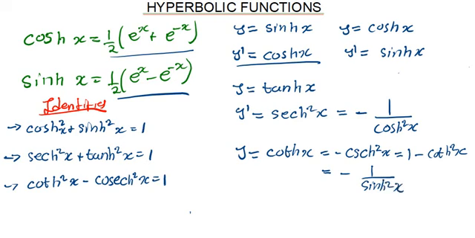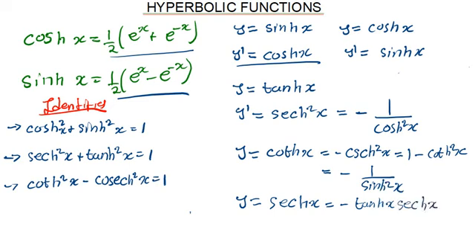What about when we have y equal to hyperbolic sec of x? This will simply give us minus hyperbolic tangent of x times hyperbolic secant of x.